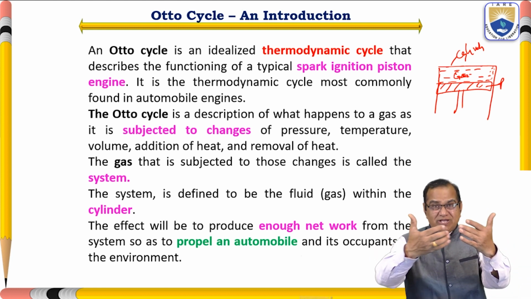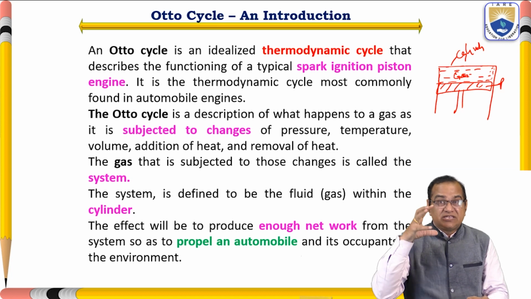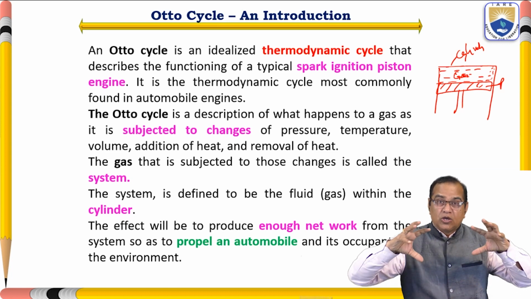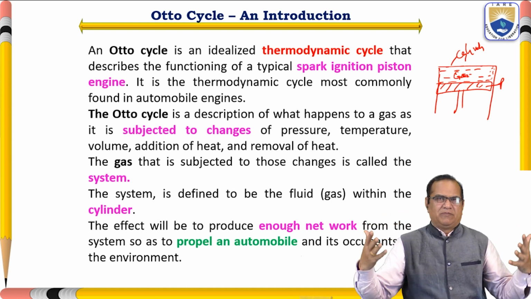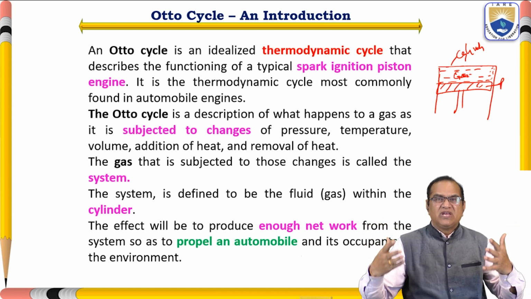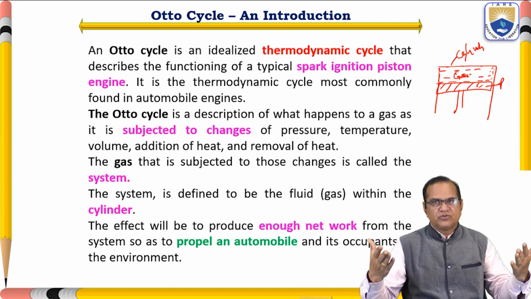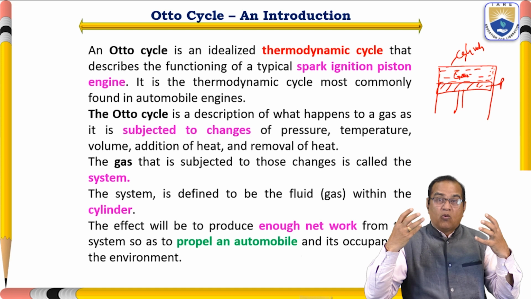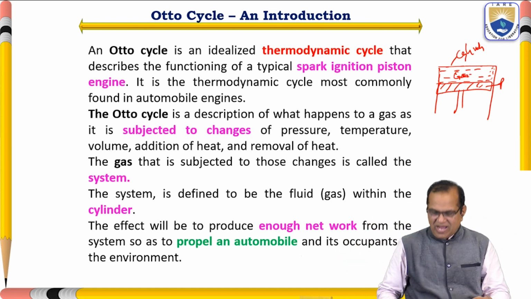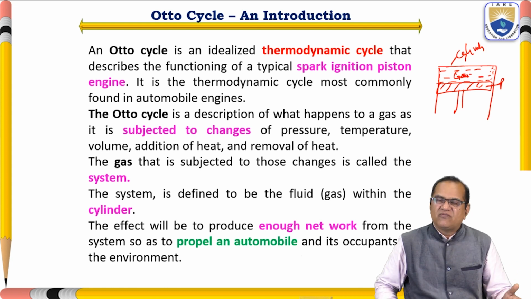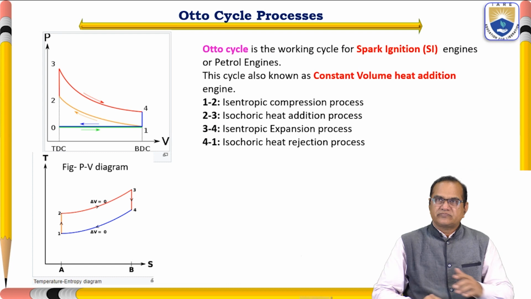During the expansion of the piston in the cylinder, the work will be produced, and this work will be used to propel the automobile: your bike, car, truck, buses, aircraft, ships, anything where we can use this work which is produced by this type of system to drive the automobile or give some motion for the locomotion of any automobile.